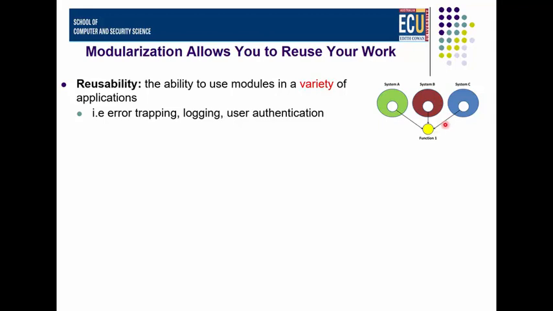So for example, if you have a login module and the organization is using 3 systems, the same login module can be used to authenticate a user and then the user can be redirected to the respective systems. So we only need to do configuration over here. The rest of the task of authentication is on this module, this function. So this is the best use of reusability.